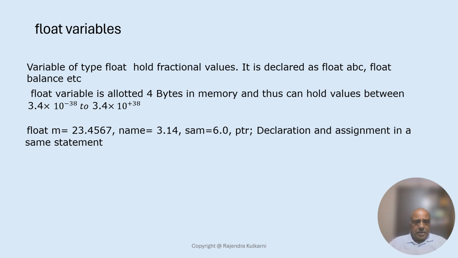We can declare and assign a value to the variable at the declaration time only. Float A is equal to 23.45678, etc. These are all float type variable names, because we have specified these variables as float.